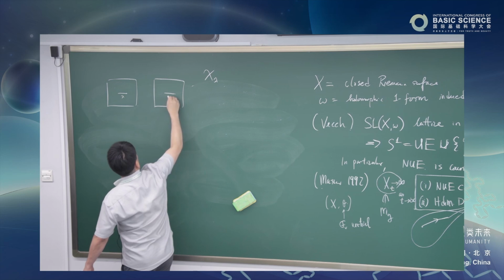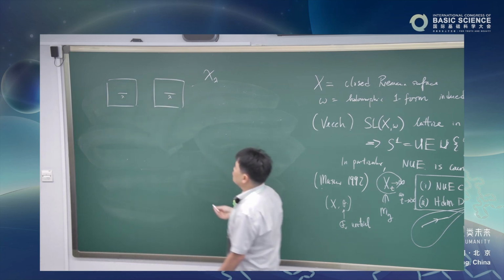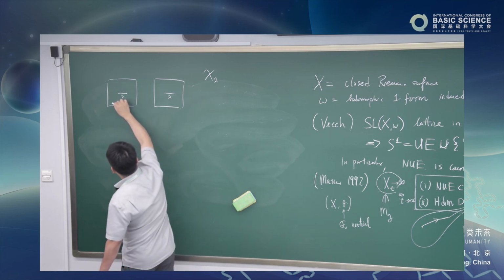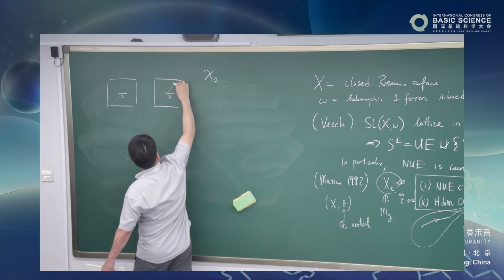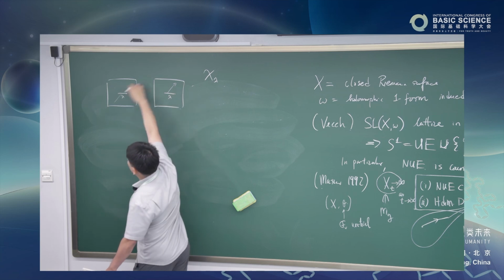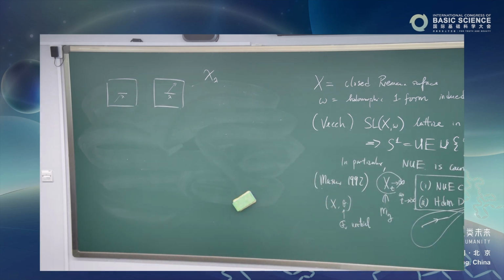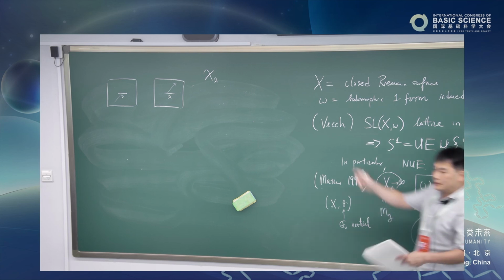There's something called a slit construction. You cut open along this horizontal slit, and the trajectories enter here and go out there, and if you come in here, you go out there. This forms a genus 2 surface with two simple zeros, and the theorem here is really a theorem about this surface.